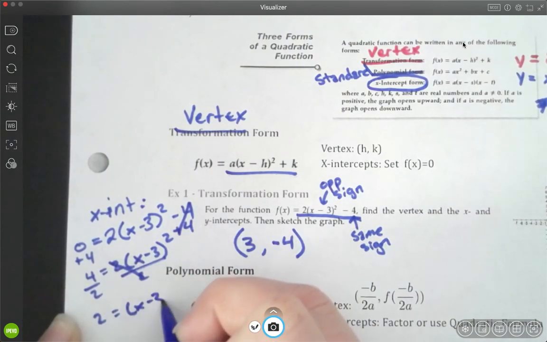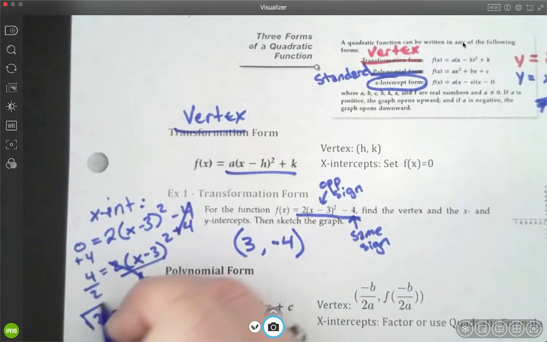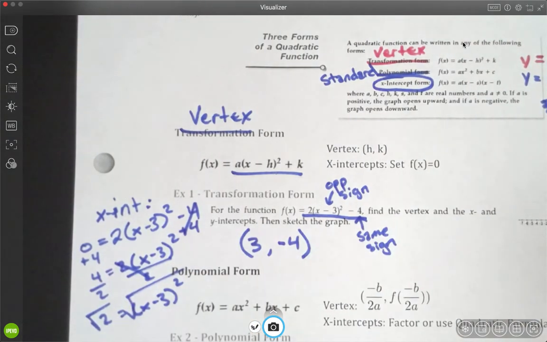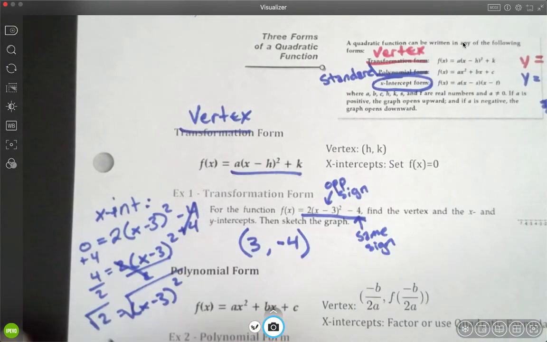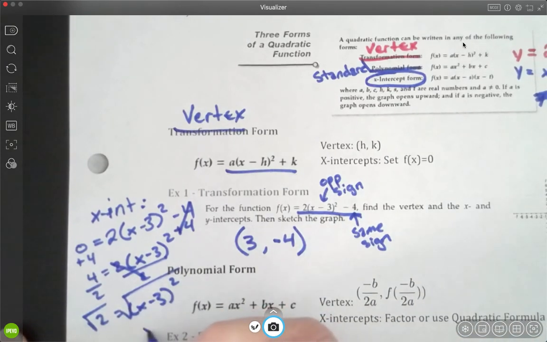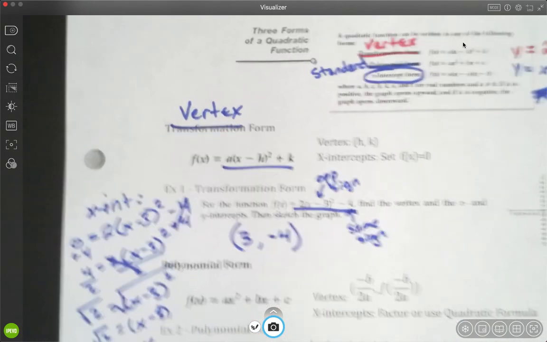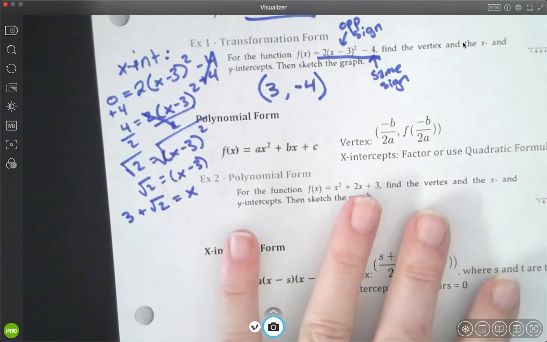Then take the square root. So we have the square root of 2, and then x minus 3 on this side. Add the 3 over. So 3 plus the square root of 2 equals x. I promise the other one won't be quite so much work.